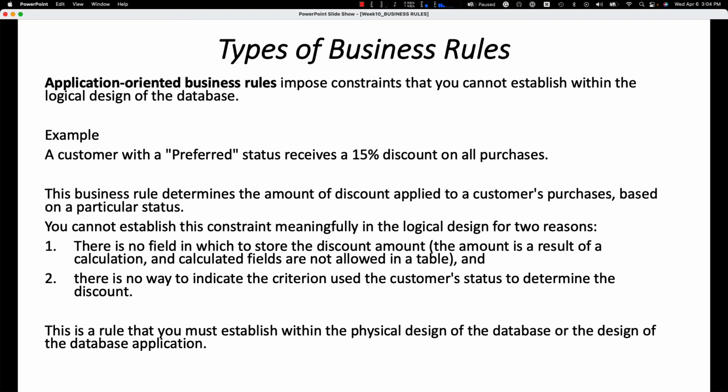This is a rule you must establish within the physical design of the database or the database application. And you have the same sort of problems with these that you had when we were talking about hard coding in applications, that you only have certain states that you can have in hard code.